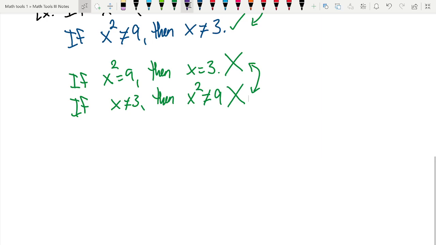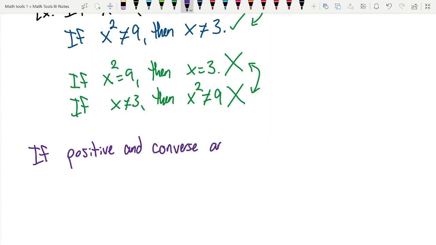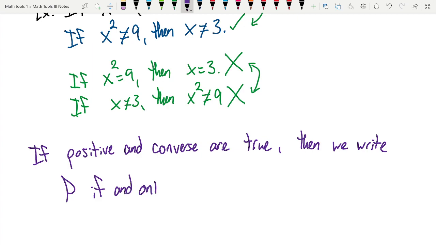So now if positive and converse are true, then we write P if and only if Q. Okay, so this is very important because if you're asked to prove, or if an author proves a statement that looks like this, you have to show it's true in both directions.